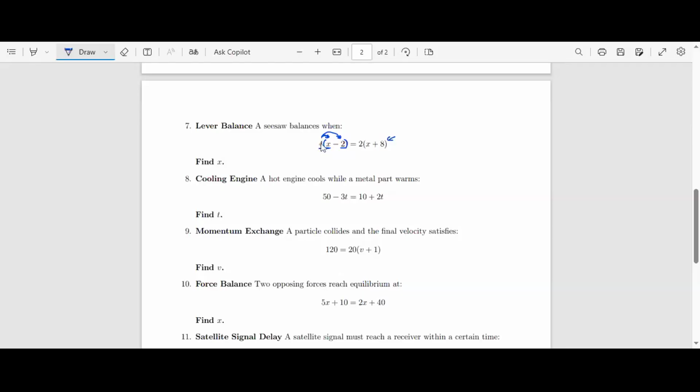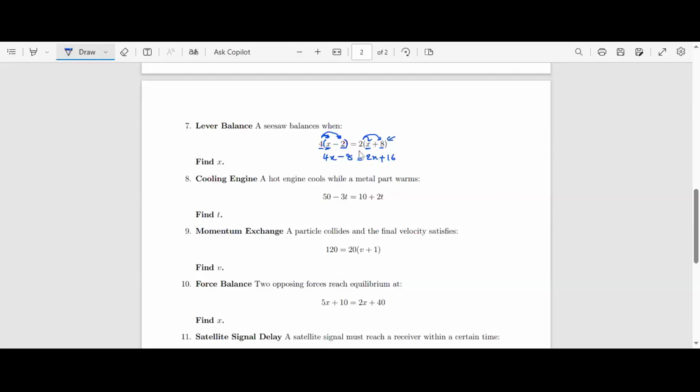So 4 has to be multiplied with x and 2, both of these. So 4x minus 4 into 2, 8. The same thing has to be done here also. 2 should be multiplied with both of these expressions. So 2x plus 2 into 8 is 16.